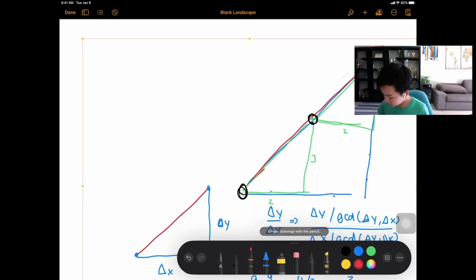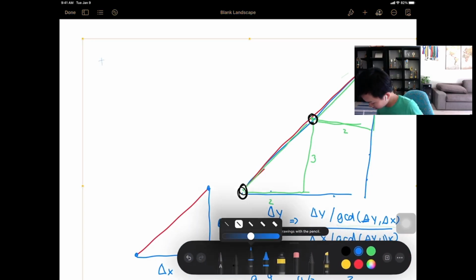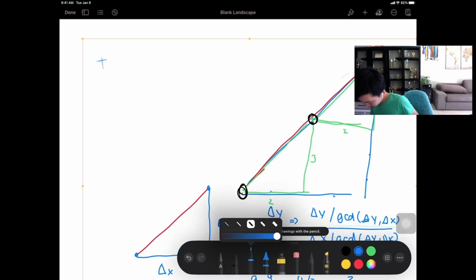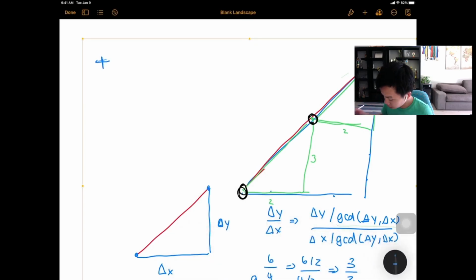So then, for our line segment here, we're going to add... okay, so for each line segment, we're going to add the GCD of delta x and delta y.